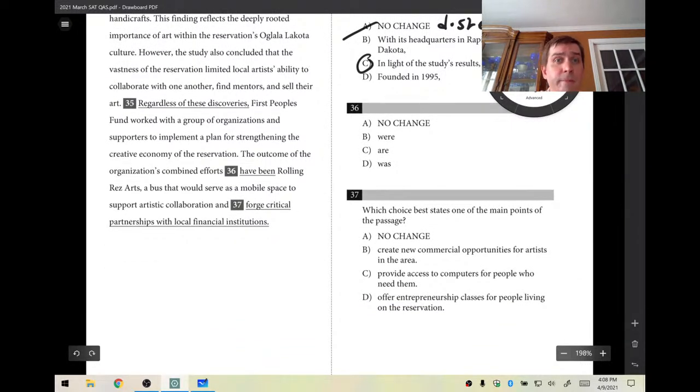Let's look at 36. The outcome of the organization's combined efforts have been Rolling Res Arts, a bus that would serve as a mobile space to support artistic collaboration and forge critical partnerships with local financial institutions. All right, so let's look at 36. So it's just subject-verb agreement.